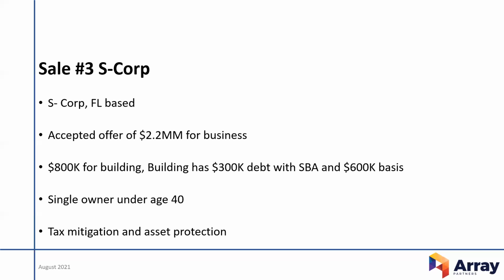Now, for you tax geeks, remember that the way the CLLC strategy works is that we create a single member LLC, and then we convert it to a partnership with a charity. A partnership can't own an S corp.